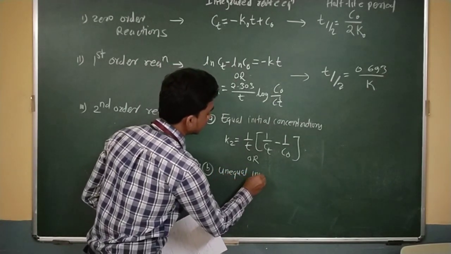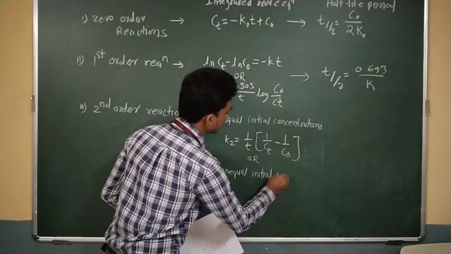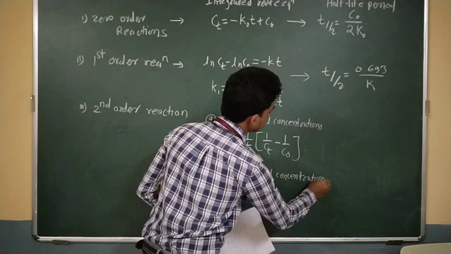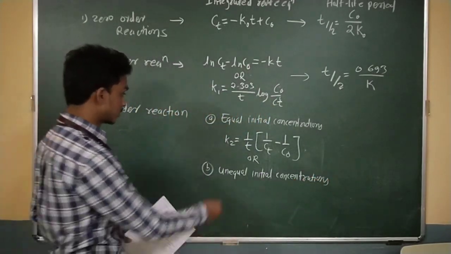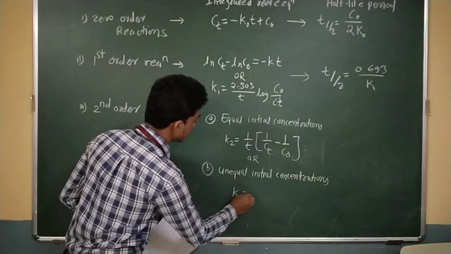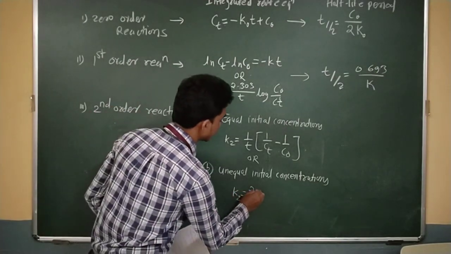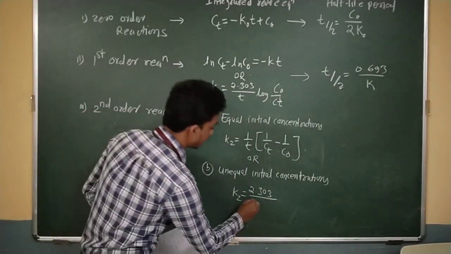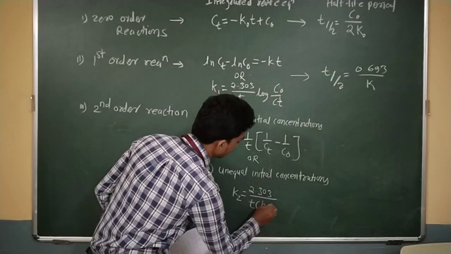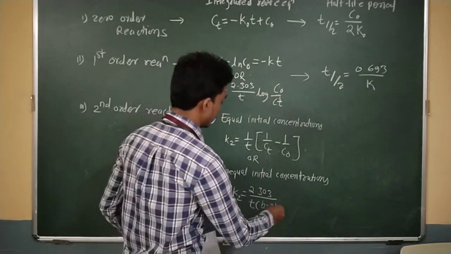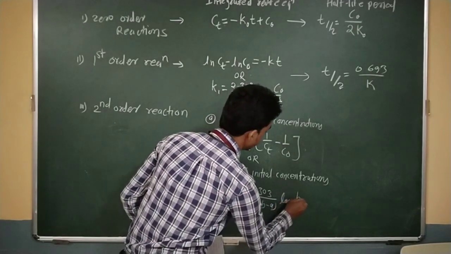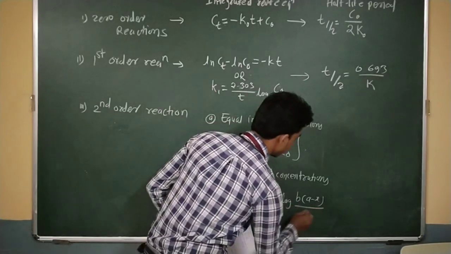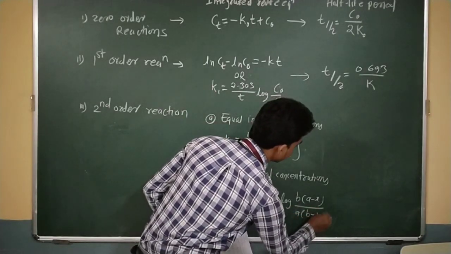For second order reactions, equal initial concentrations and unequal initial concentration. This K2 is equal to 2.303 upon t into (B minus A) log B into (A minus x) upon A into (B minus x).